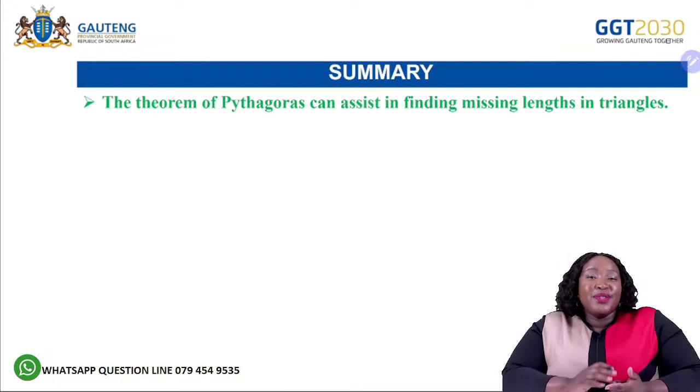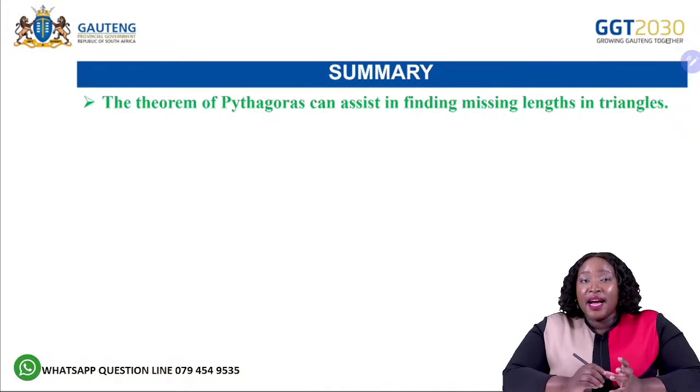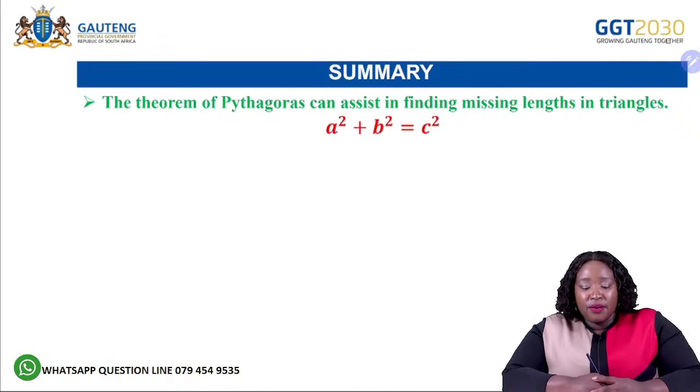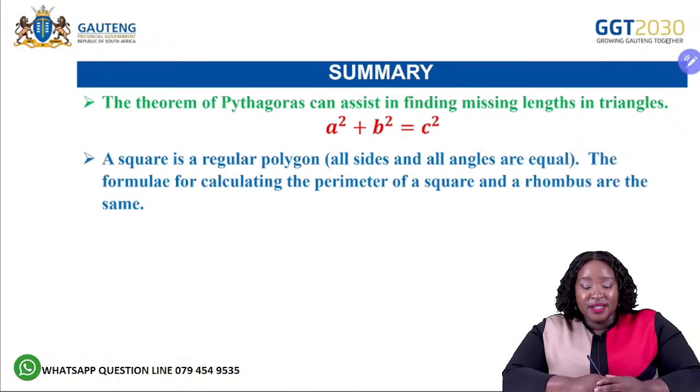Now we are going to move on to our summary. The first thing we discovered was that we definitely need to remember how to use our theorem of Pythagoras, right? Because when we have sides that are missing and we divide the shapes, we end up needing to use the theorem of Pythagoras. So that's a squared plus b squared is equal to c squared, right?